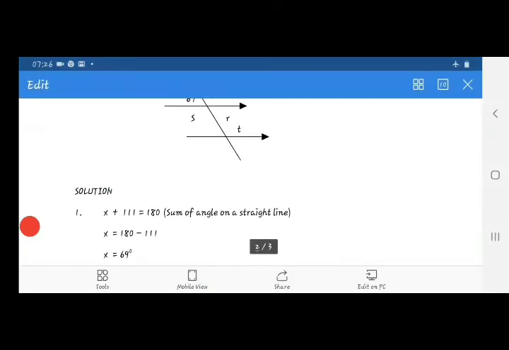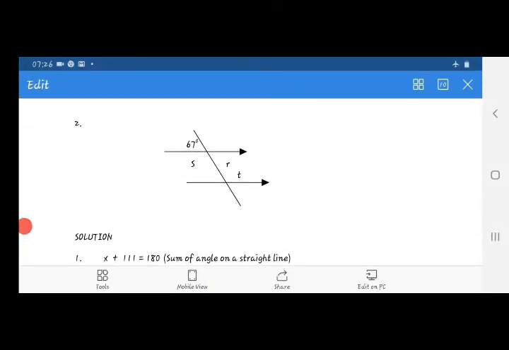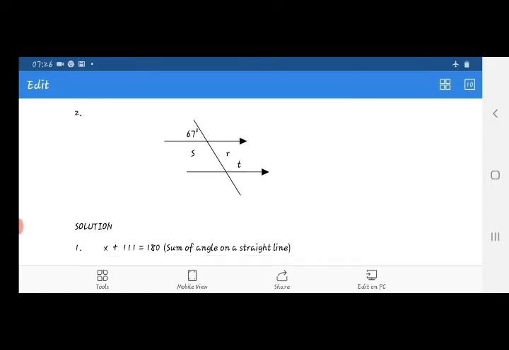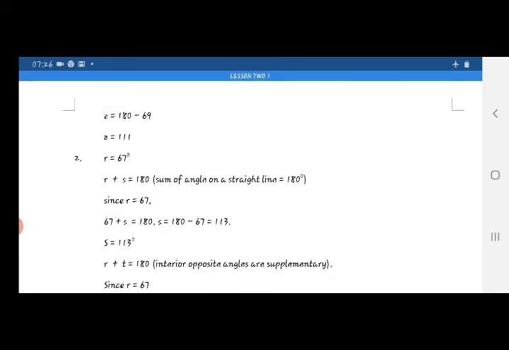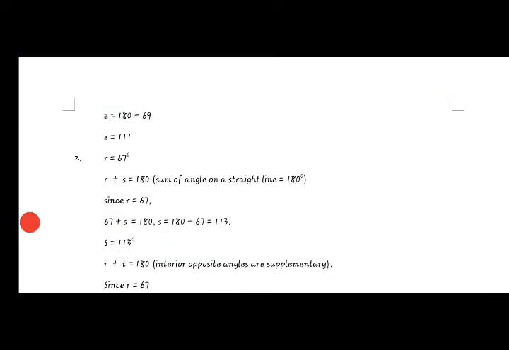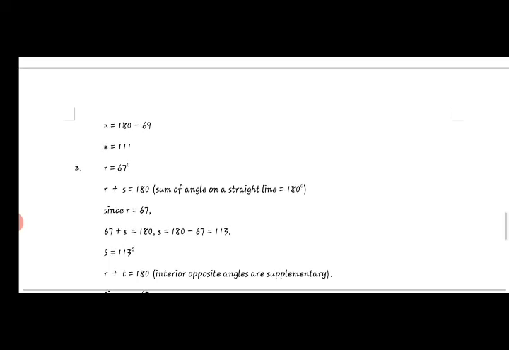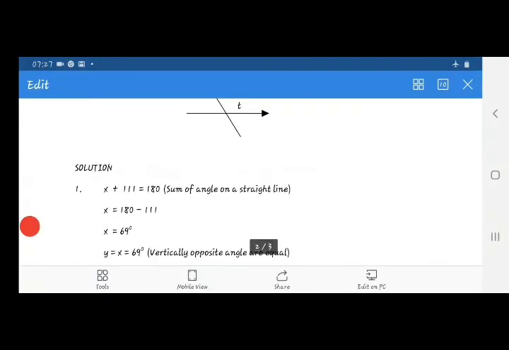Then from that, R plus S is equal to 180. If I'm going along a straight line, you can see it. R plus S or S plus R, whichever way, the addition gives you 180 degrees. So that will lead to an equation. Since our R is 67, 67 plus S is equal to 180 degrees. S is equal to 180 minus 67. Our S is equal to 113 degrees.